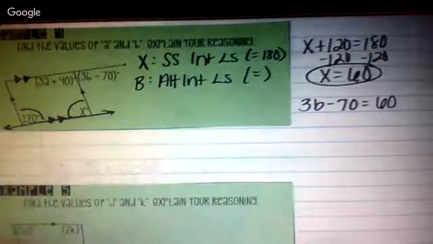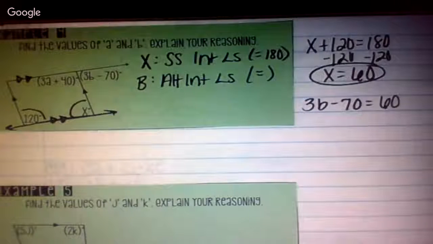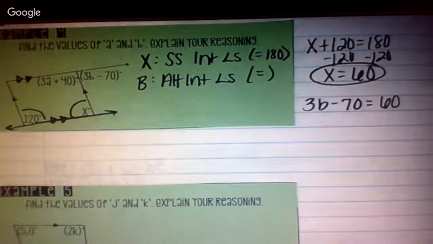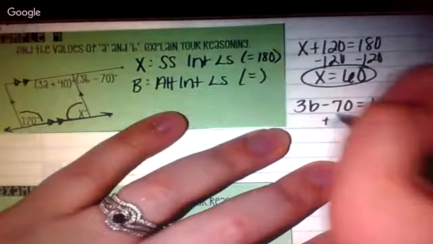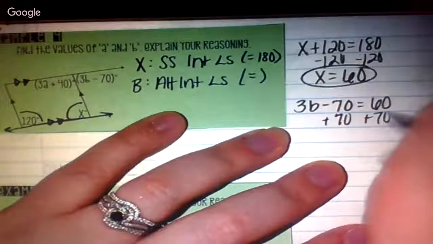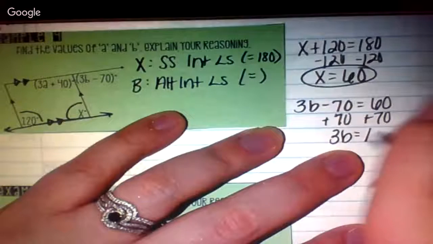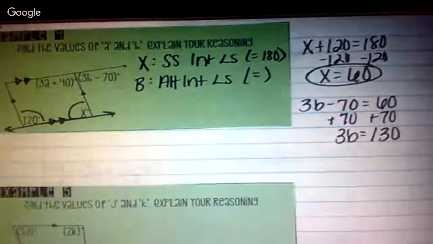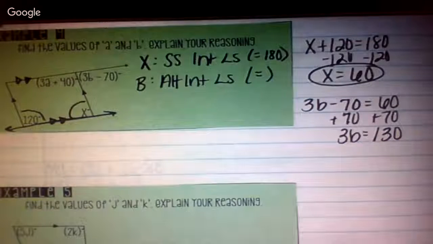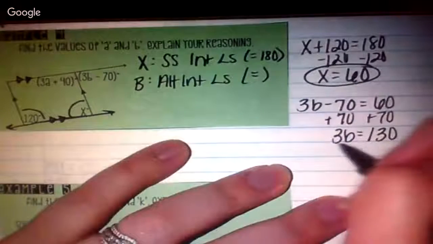X is 60, so that should be equal to 3B minus 70. Which means I need to add 70 to both sides. So 3B equals 130. And finally, we divide by 3.